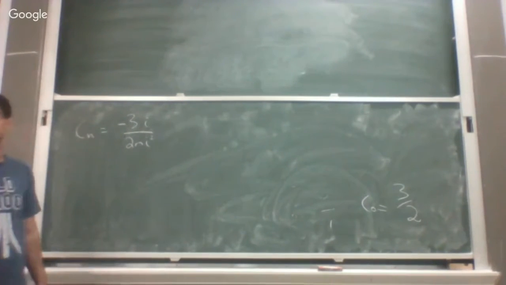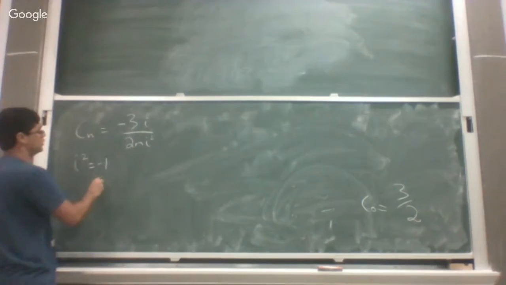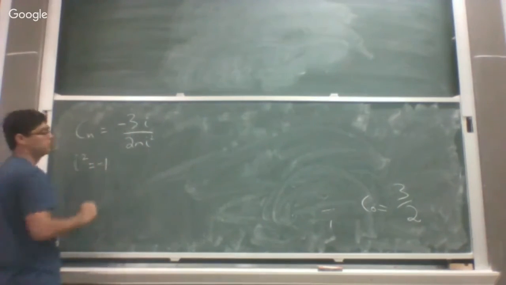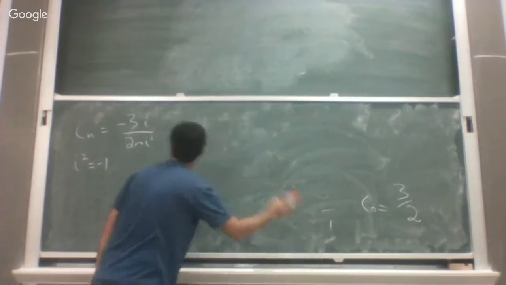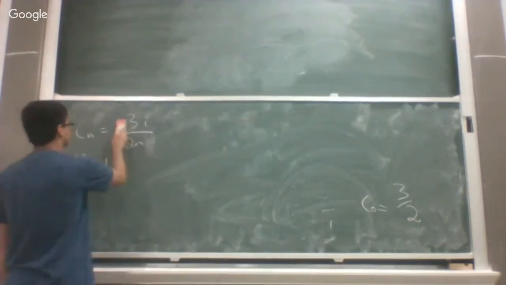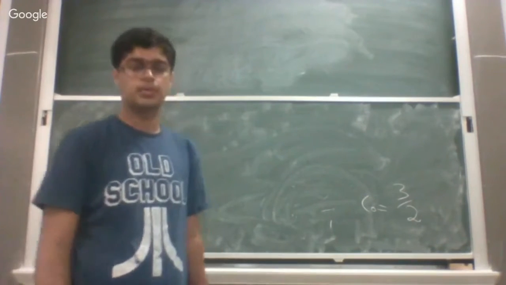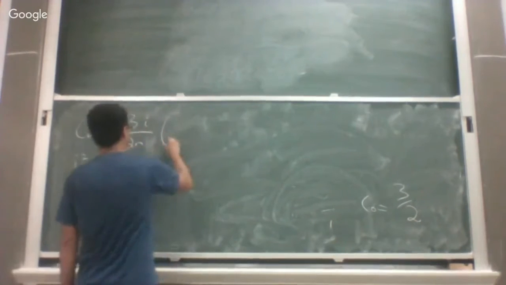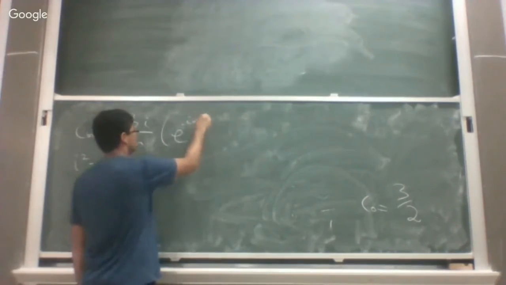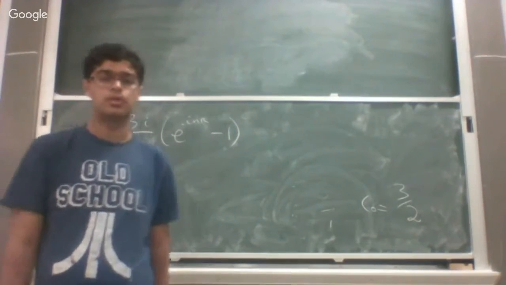So this is n i squared, which is equal to -1, so then this becomes a positive, right? So then I will rewrite that as a positive 3/2 i over n times e to the negative i n pi minus 1.